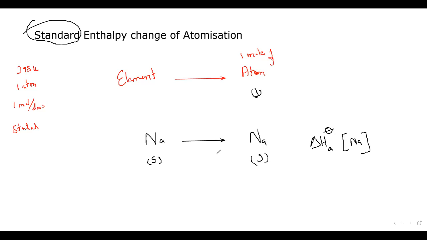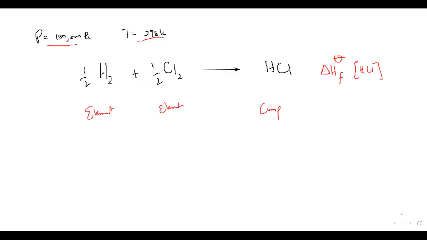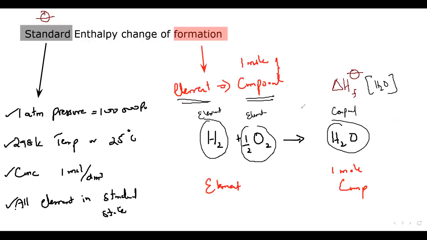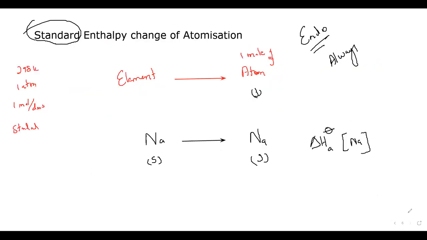And whenever atomization is done, whenever you produce atoms, you have to supply energy. So atomization is always endothermic. It can never be exothermic, it is always endothermic. Formation can be exothermic, that's why I did not write it specifically. It can be endothermic, it can be exothermic, but atomization is always endothermic.